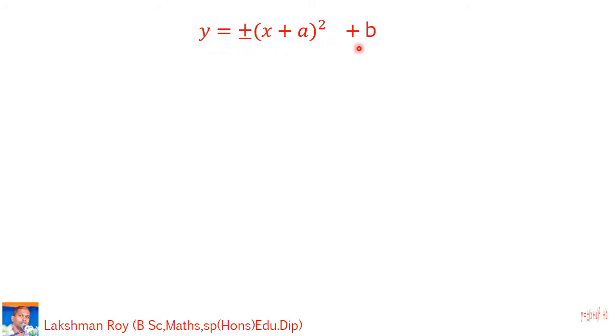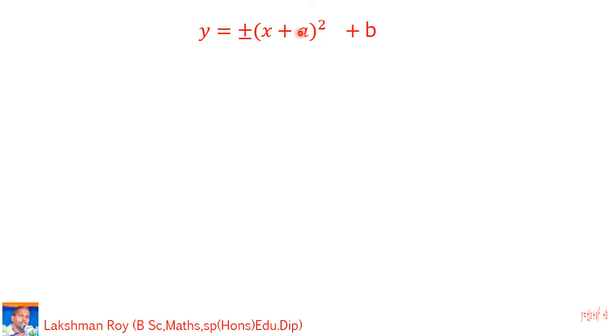This type means y equals plus or minus (x plus a) squared plus b. That means the x term is within a bracket, and that bracket has a square: x with an added or subtracted number, squared. Then this part has no x term, it is only a known term.